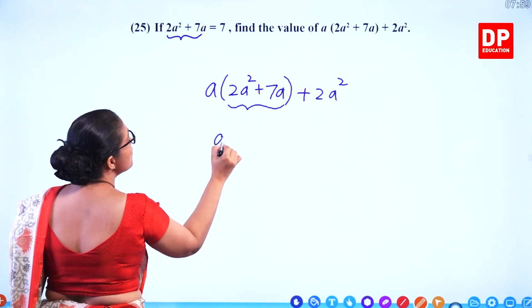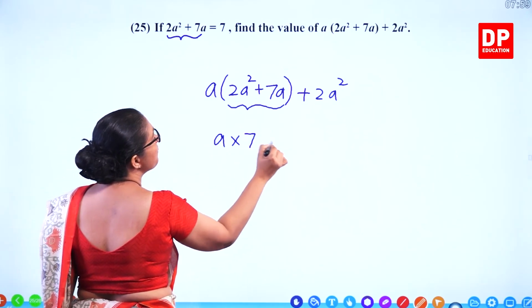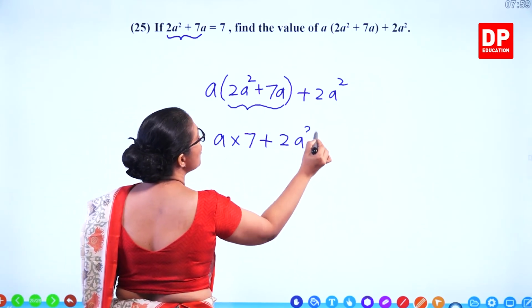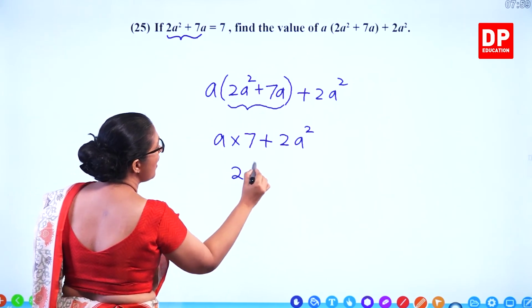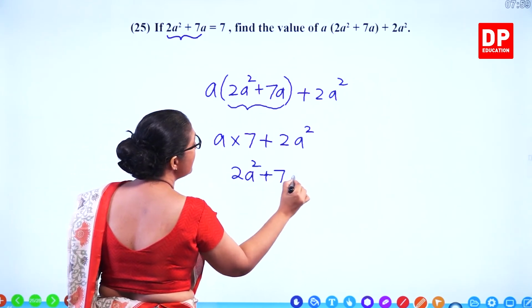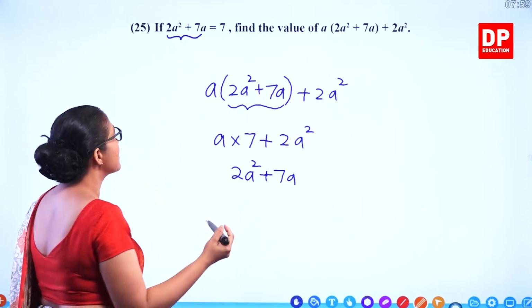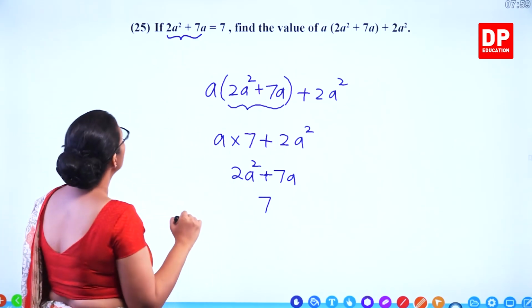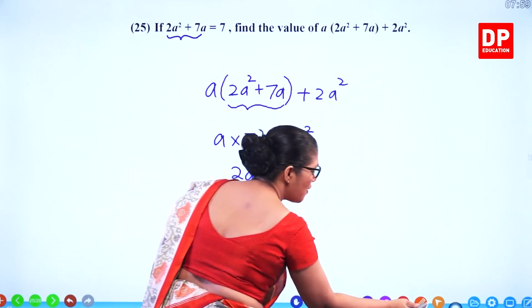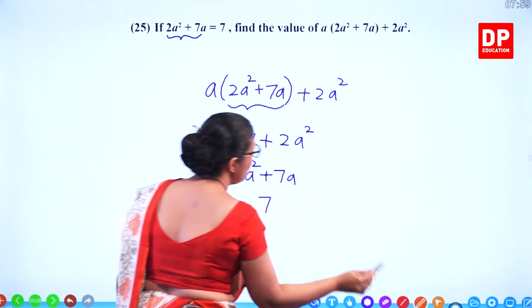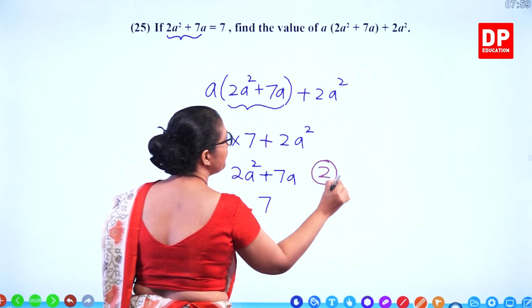So you can substitute 7 there. Now what you get? You get 2a squared plus 7a again. So what's the value of this? That's 7. So that's also a straightforward question. So you get 2 marks for that.